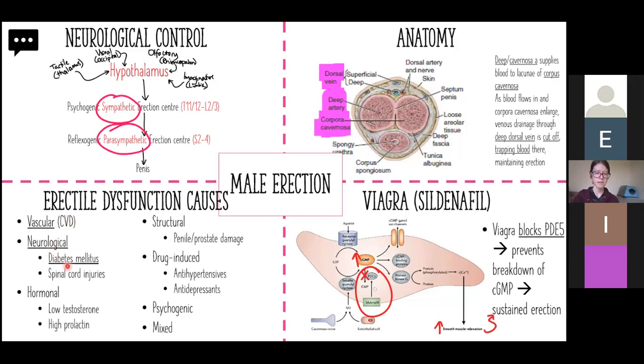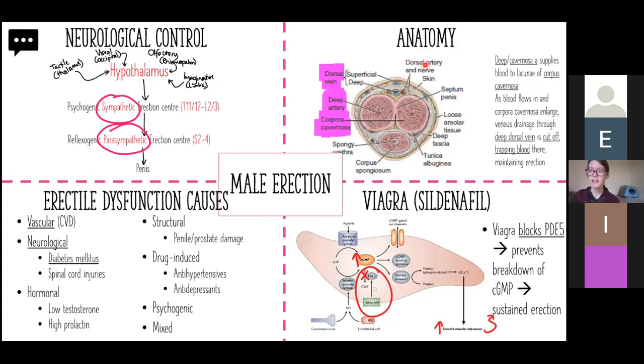Similar with diabetes, you're more likely to have peripheral vascular problems, and also you have neuropathies, particularly autonomic neuropathies. And I'm pretty sure there's a very, very strong link between diabetes and male inability to maintain an erection. So if you've got one, you have to check for the other.